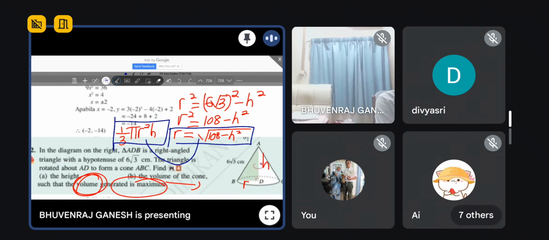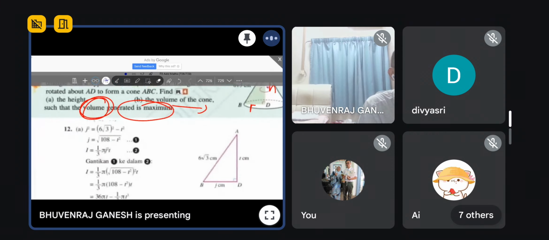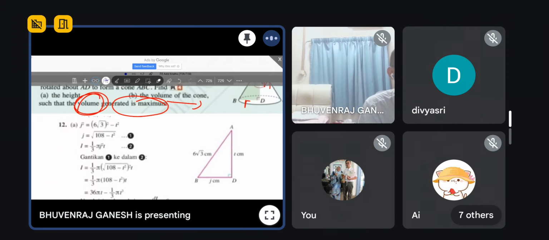Okay, so you just substitute, then you differentiate. So this one, R square means we take inside the bracket only. So it's this one. Then you multiply with H, you will get this one. Okay, so now you can start to differentiate. After differentiation, you should get this answer like this.